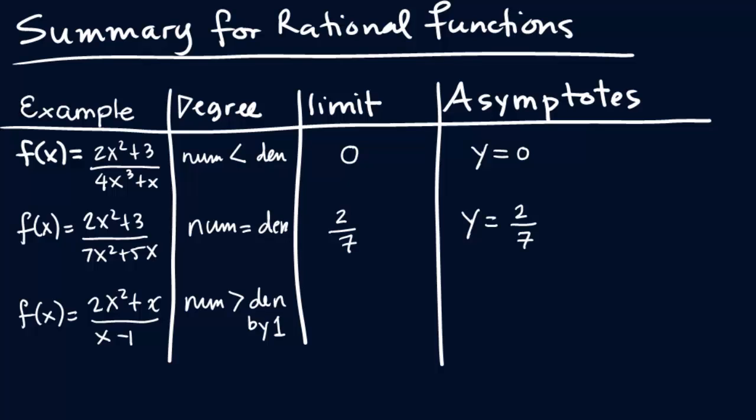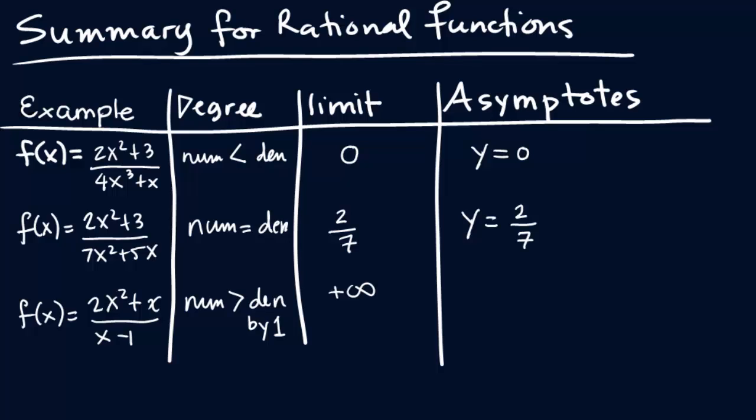So it has no limit because it either goes to plus infinity or minus infinity, but in this case, it's plus infinity. And of course, because of the situation, the limit will depend on the slope of the oblique asymptote.